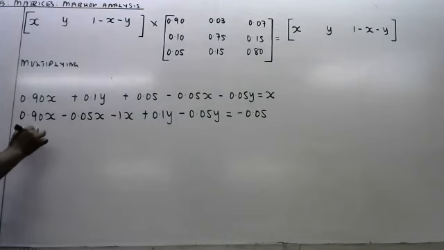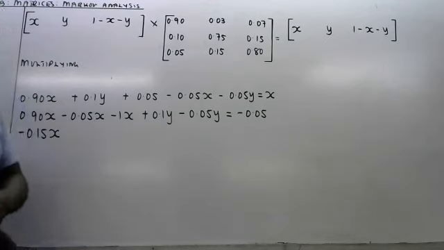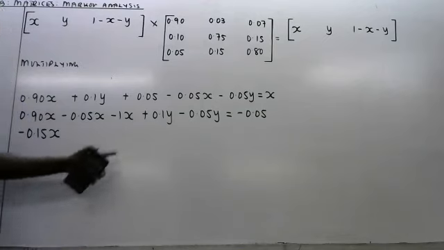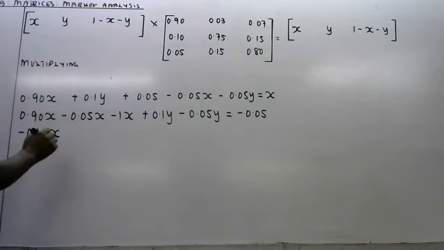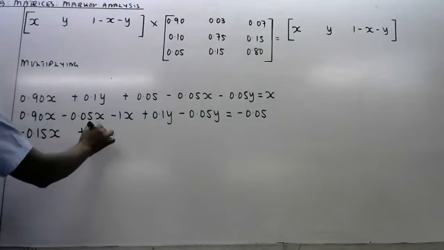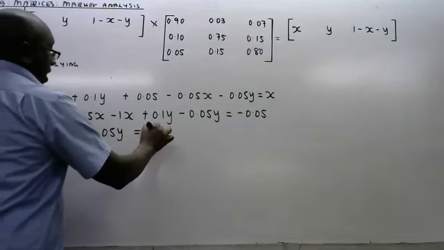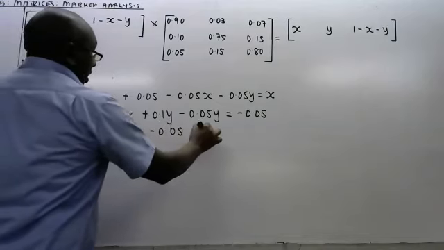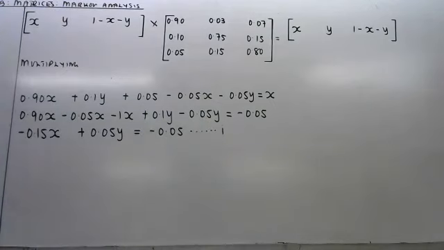So we have minus 0.15x. Good. Then for y, same, 0.1 minus 0.05, so that will be positive 0.05y, should be equal to minus 0.05. And this one, we call it equation number 1.